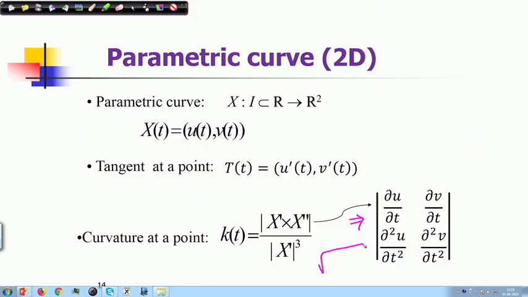So, this magnitude should be the square root of u'(t) whole square plus v'(t) whole square.